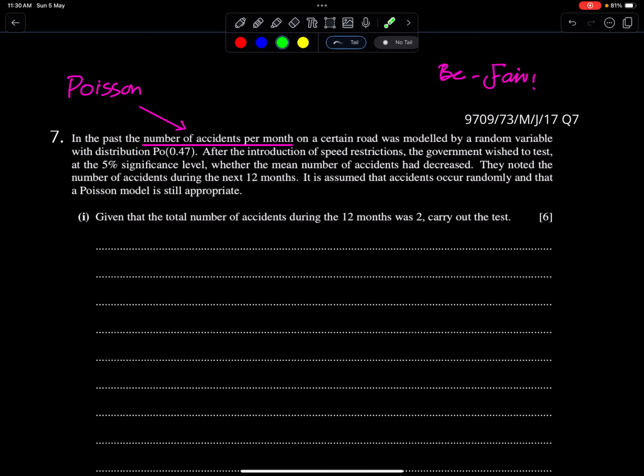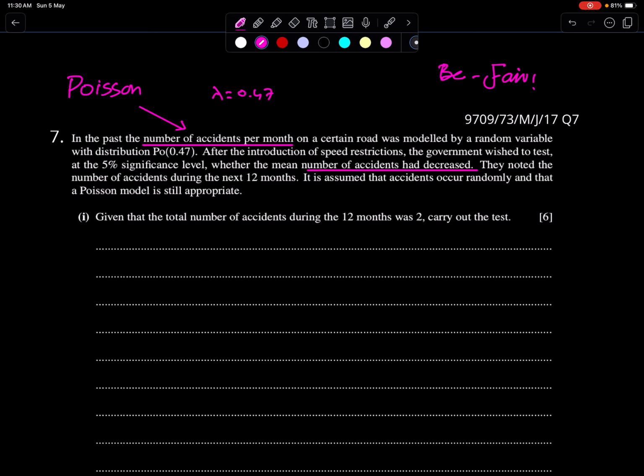On a certain road was modeled by a random variable with Poisson distribution, and its lambda is 0.47. After the introduction of speed restrictions, the government wish to test at the 5% significance level whether the mean number of accidents had decreased.